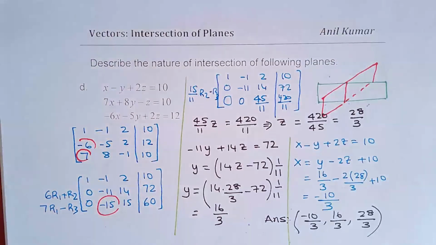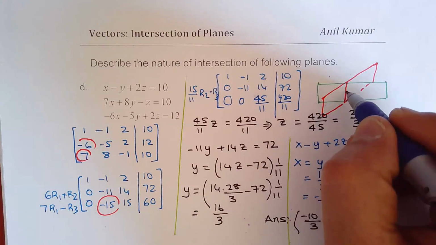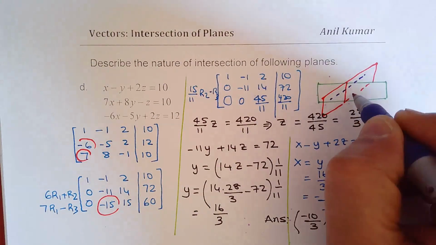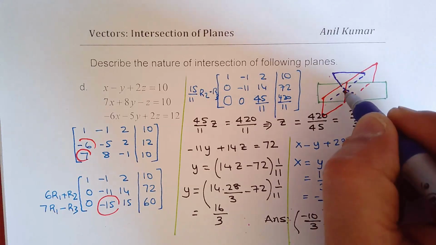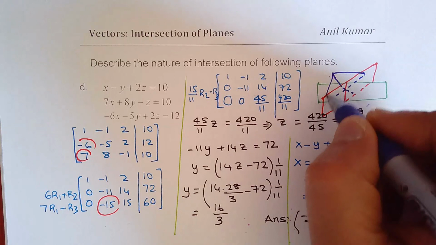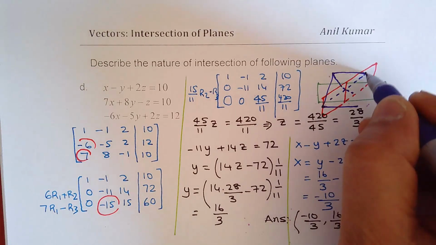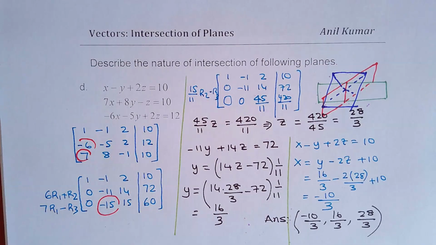And the third plane actually goes through it. And let's say this is the point of intersection. So it goes kind of like this through it. So I could draw the third plane as kind of like this. Do you see that? Okay, so that could be my third plane going through the point of intersection.